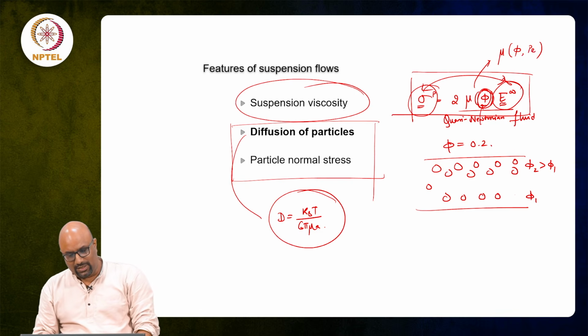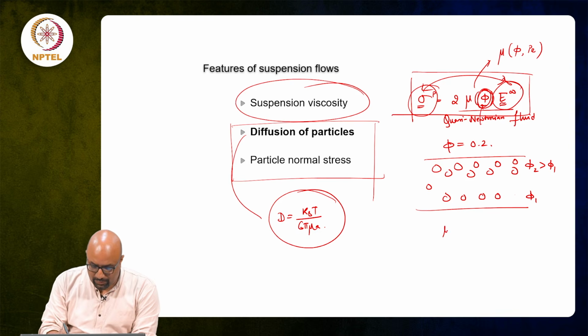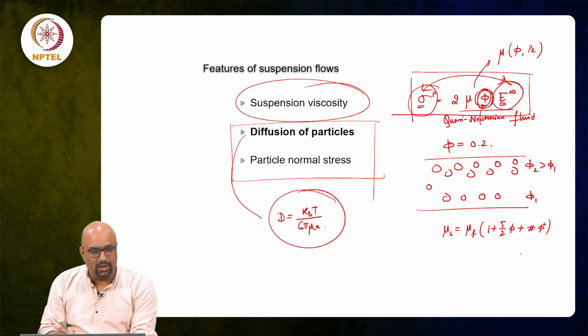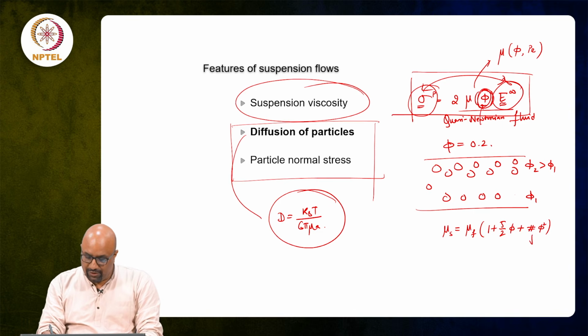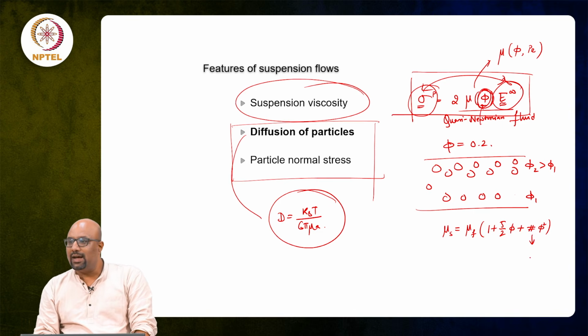And in the last lecture what we realized is that mu obviously takes a form where mu fluid is what we have been writing, mu s is 1 plus 5 half phi, and then when you start working out the next order terms, the coefficient is crucially reliant on the nature of the linear flow.